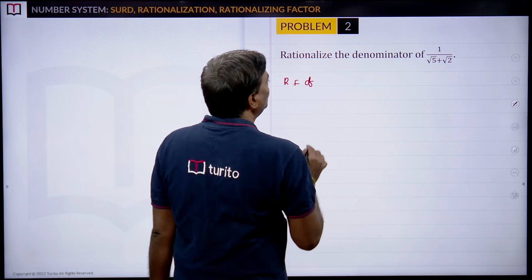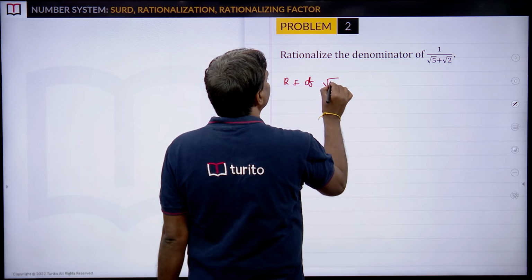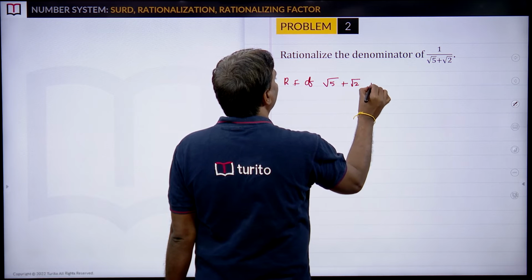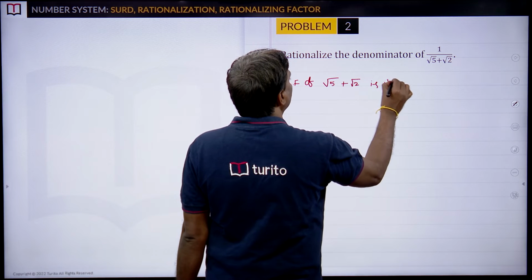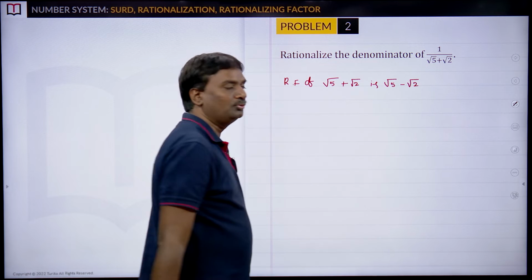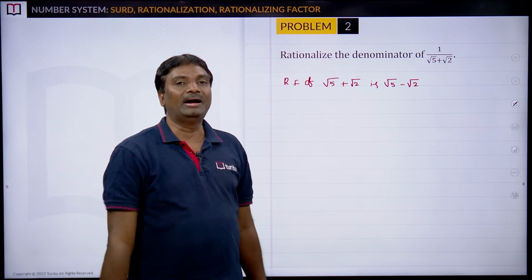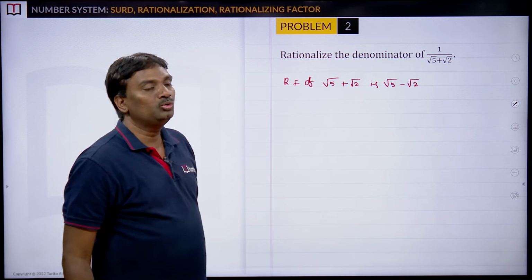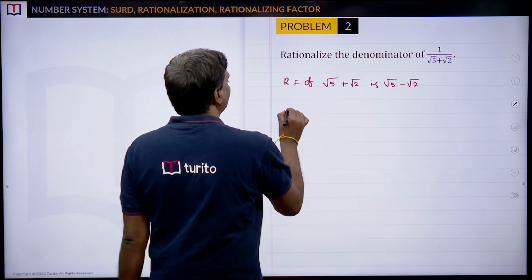The rationalizing factor of root 5 plus root 2 is root 5 minus root 2, meaning we multiply the numerator and denominator by root 5 minus root 2.